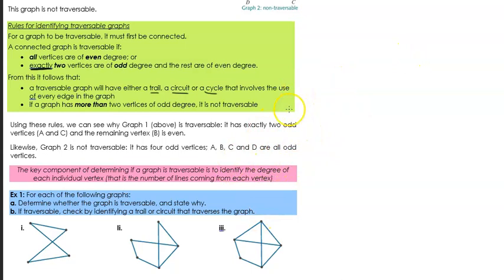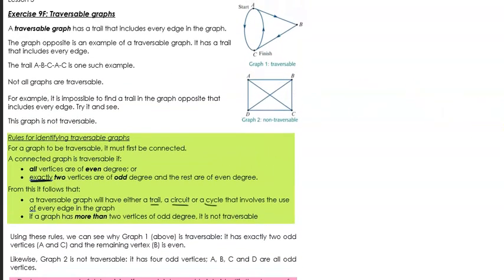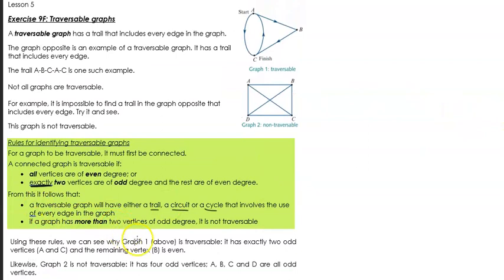Now we're going to use these rules. We can see why graph 1 is traversable. Using the rules, graph 1 above is traversable. It has exactly 2 odd vertices, A and C, and the remaining vertex B is even. Vertex A has 1, 2, 3, which is an odd number. C is 3 as well, and B is 2.